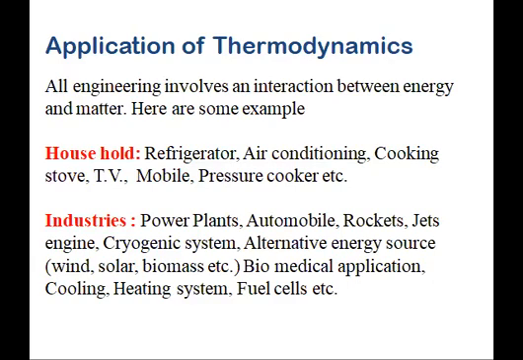Household applications are refrigeration, air conditioning, cooking, stoves, TV, mobile, pressure cooker, etc. And industrial applications are power plants, automobiles, rockets, jet engines, cryogenic systems, alternative sources of energy which include wind, solar, biomass, medical applications, cooling, heating systems, and fuel cells. So these are a few applications of thermodynamics. I hope that you have understood the applications of thermodynamics.